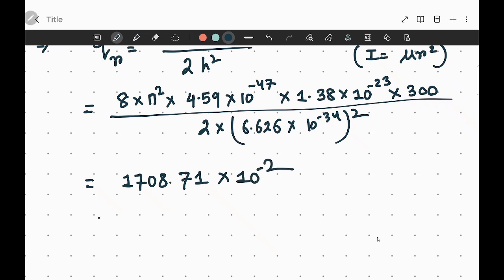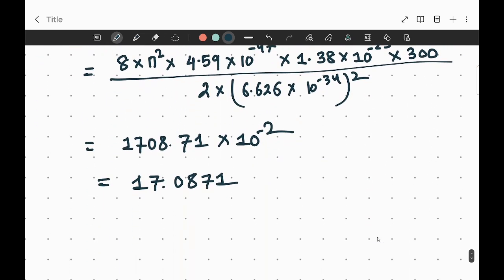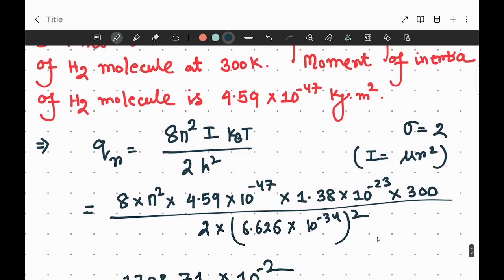So it is eventually 17.0871. What was your answer? 17.24. Okay, it's close. Maybe due to calculation error. So it will be around 17.